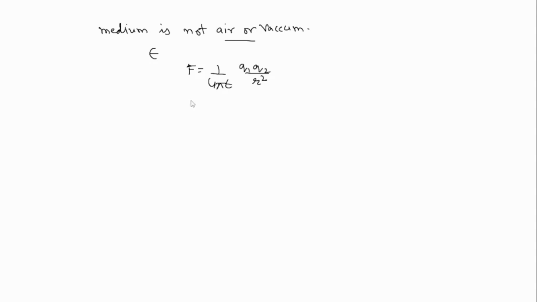Then there is a relationship: epsilon upon epsilon naught is equal to epsilon r.